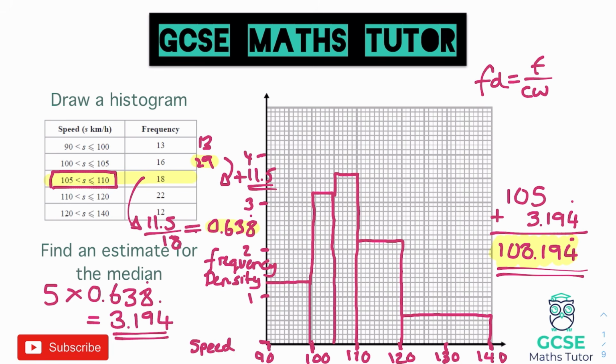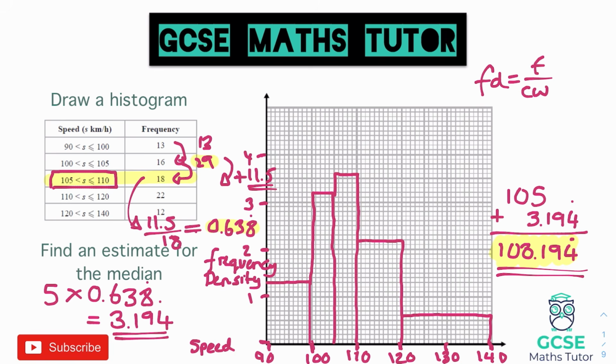But just running through what we did, we added up the total frequency, which was 80 people, to find the middle, add 1 and halve it, so 40.5. We counted down the rows to figure out that the 40.5th person laid in the third row, which is the 105 to 110. That went 11.5 into that row.